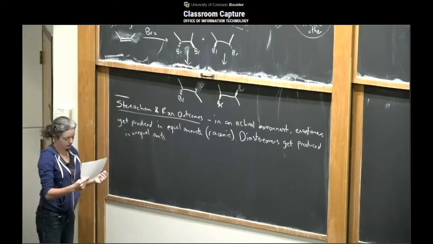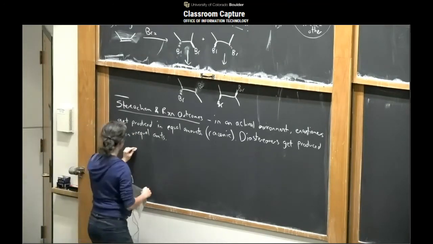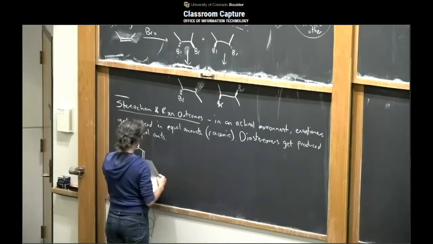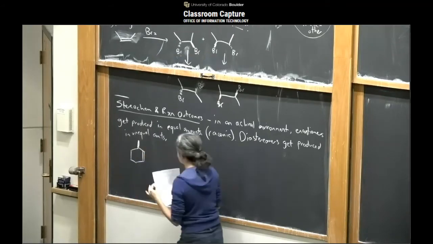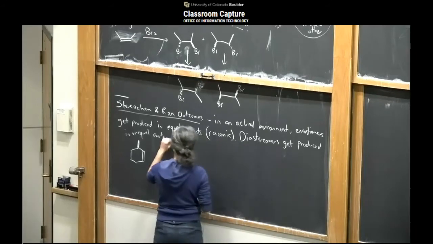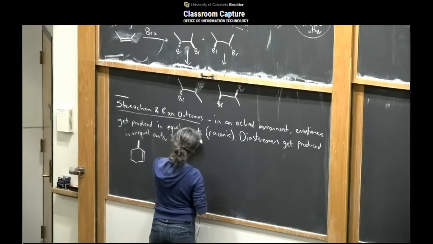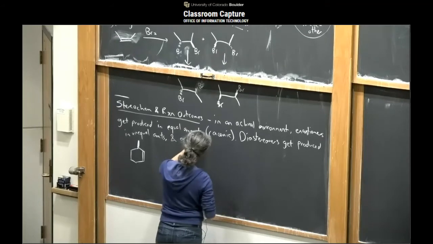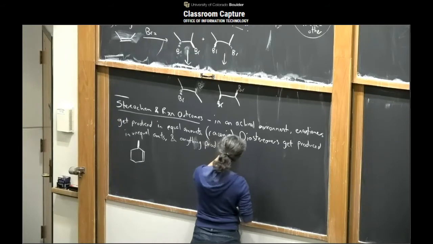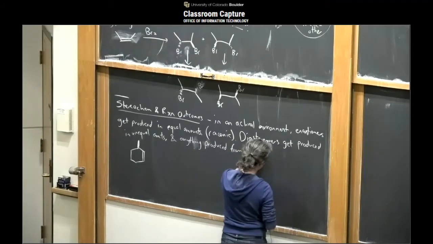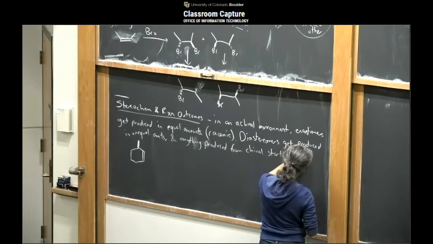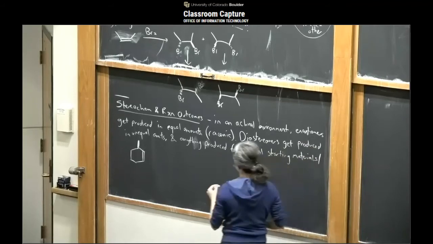Okay, so for example, actually, let me finish that sentence. Diastereomers get produced in unequal amounts in anything that's produced from chiral starting materials, or reagents.